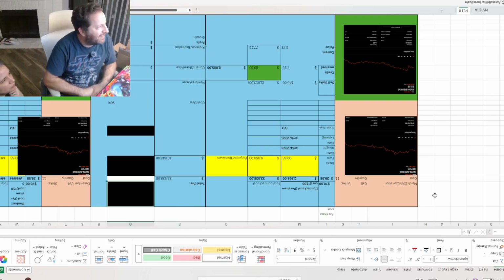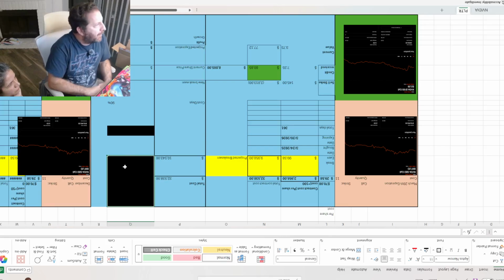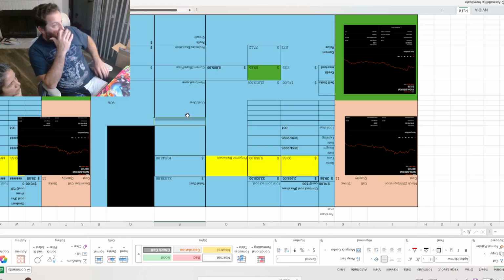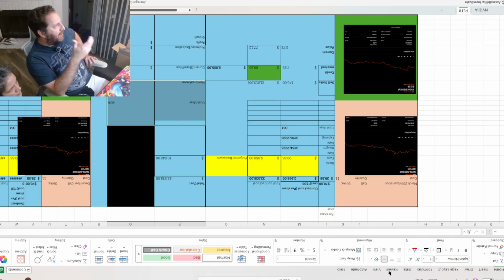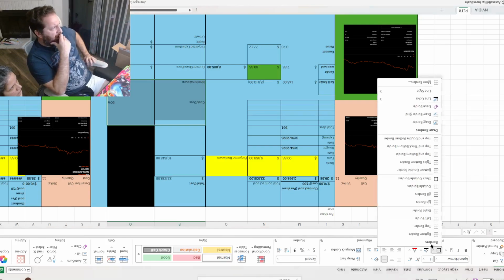So you're doing all this black then. Yeah, perfect. Black it out. I think that looks good. Change the color on that. I was going to just highlight it. Yeah, I think that's a good idea. Border it in and then change the color on it.